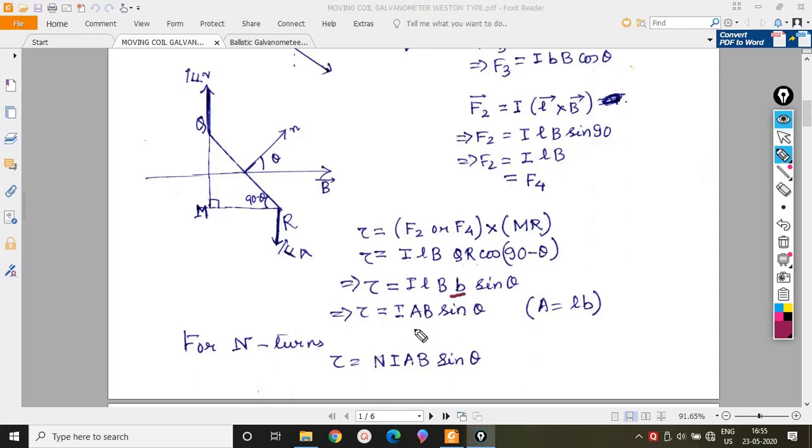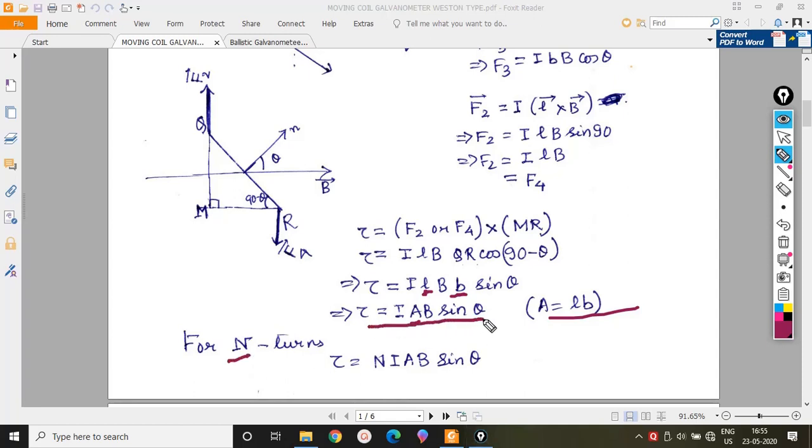So torque tau is equal to this, where QR is now replaced by the value b. QR is your b here, and length and breadth multiplication gives you area. So area is equal to length into breadth. A is the symbol here. So your torque expression is capital I, capital A, capital B, sine theta. Cos 90 minus theta is sine theta.